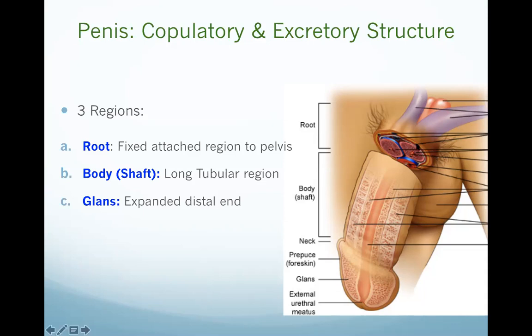And then the shaft, or the body, is the portion that is going to swell and enlarge and increase the length, the width, and rigidity of the erectile tissue. And then the glans is this sort of soft or squishy erectile tissue that kind of covers the front of the penis. It's very heavily innervated, it's very sensitive, and that's the distal expansion. And this is what the urethra is going to travel out of the penis through.